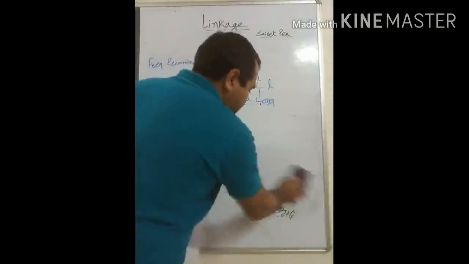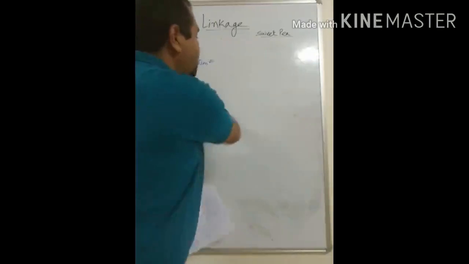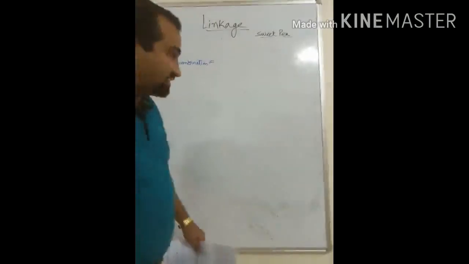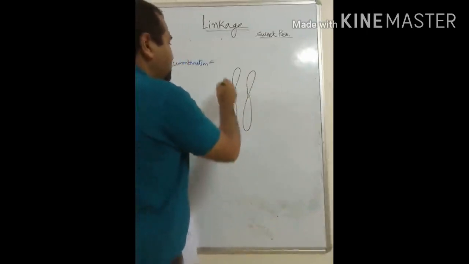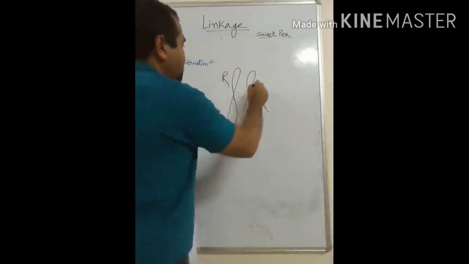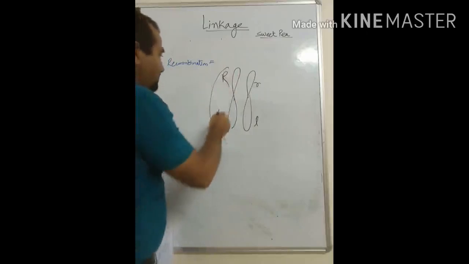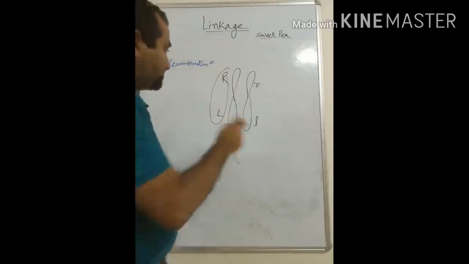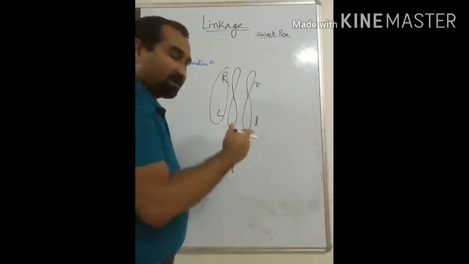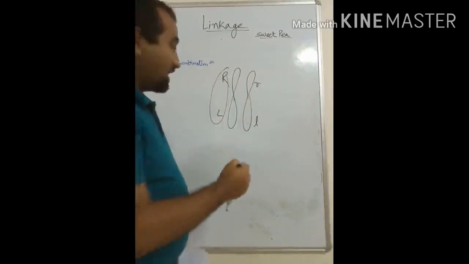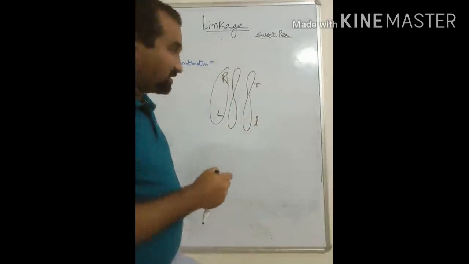And now, if both the genes, suppose R and L, are present on the same chromosome, how will they behave and what is their distance?